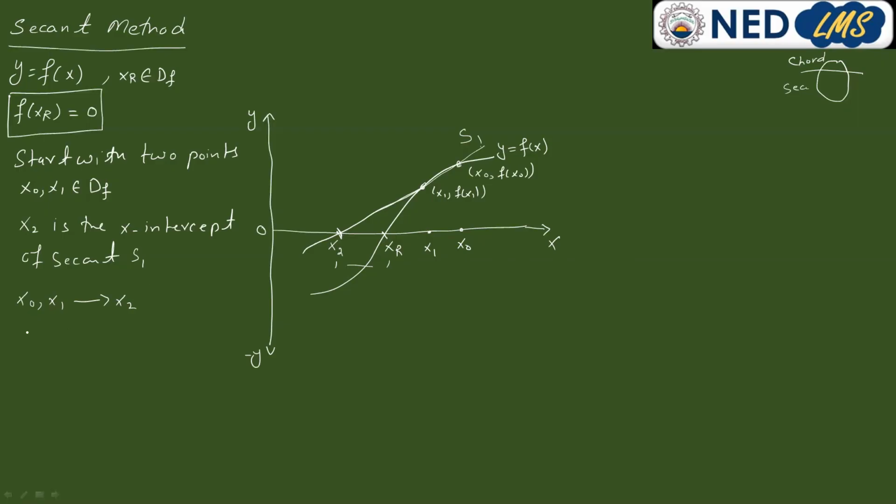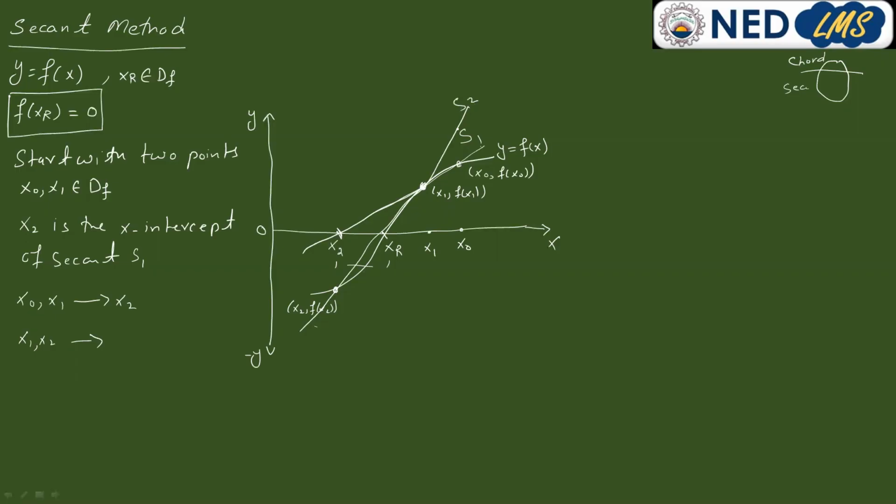So I discard it, and whatever points are left are x1 and x2. Now, using x1 and x2, I have to find another secant intercept. So how can I do that? This is the x1 here, and this is the x2. So this would be a point somewhere there, having coordinate x2, f of x2. Using these 2 points, I have to draw a line, which has to be a secant. So this is the secant.